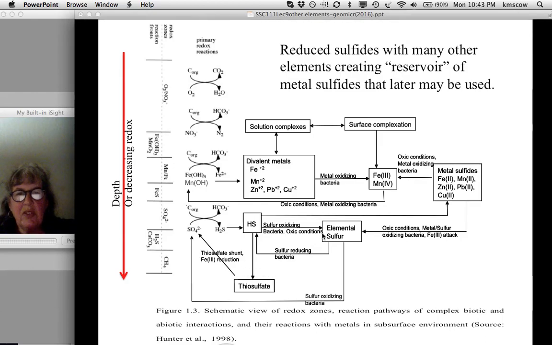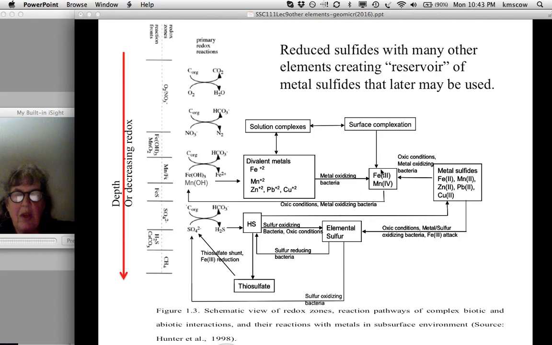Okay, the really interesting thing about sulfur that we also touched on when we were talking about flooded soils is the propensity of the reduced form of sulfur to form secondary minerals with a variety of cations.